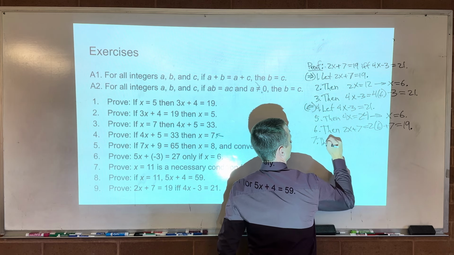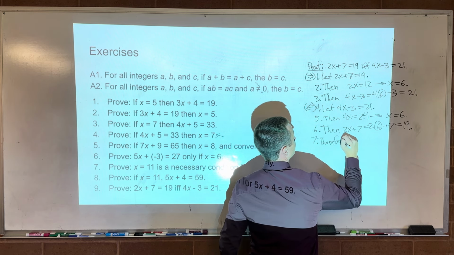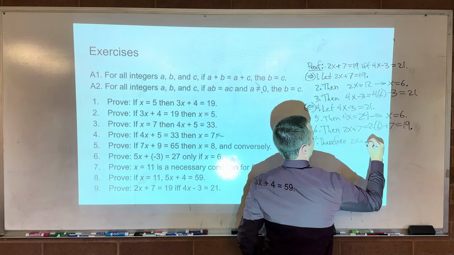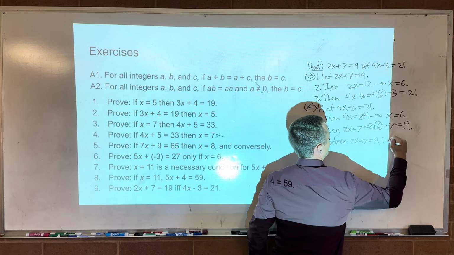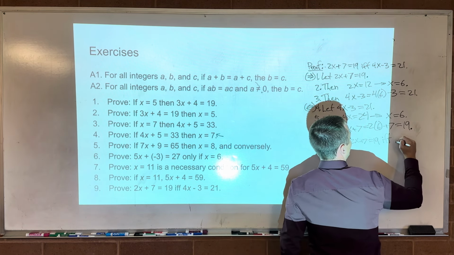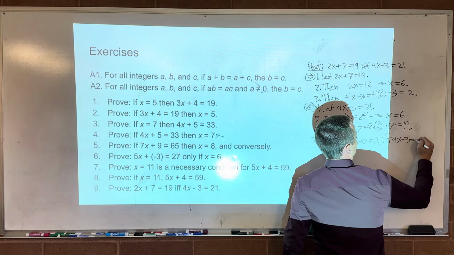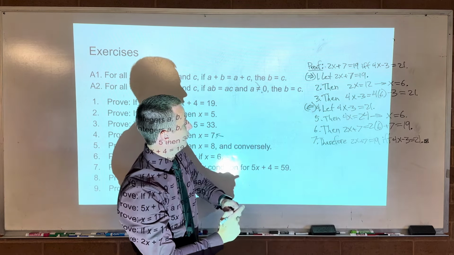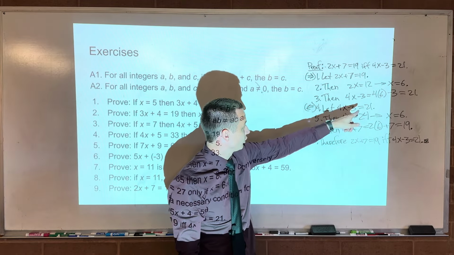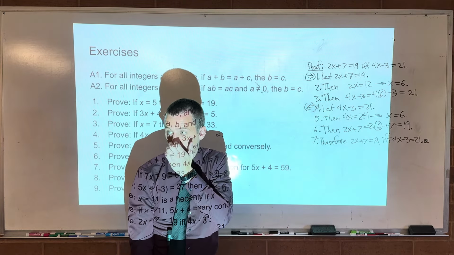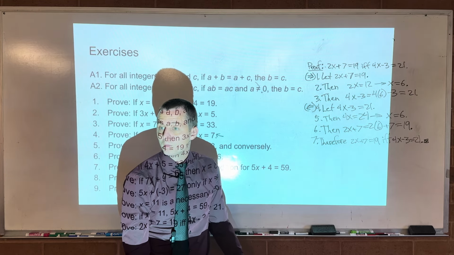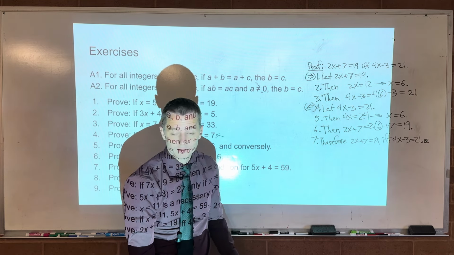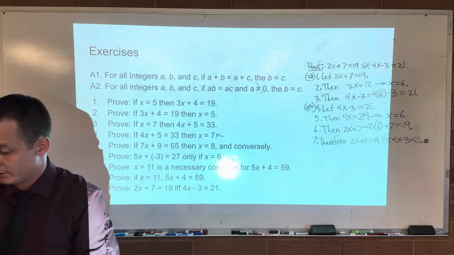Therefore, 2x plus 7 equals 19 if and only if 4x minus 3 equals 21. And we're done. I showed the left implies the right. I showed the right implies the left. Therefore, they imply each other. Okay, so that's how you prove an if and only if.